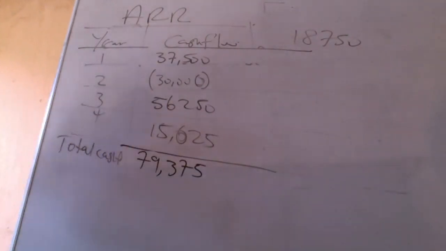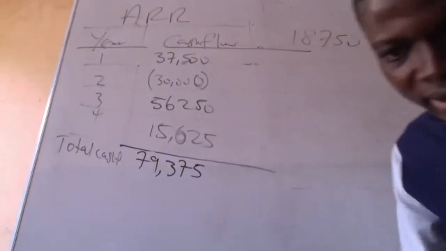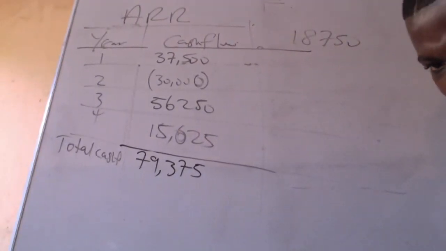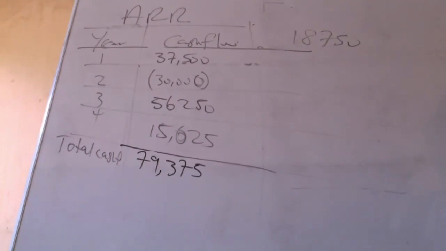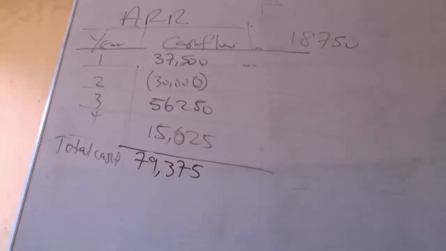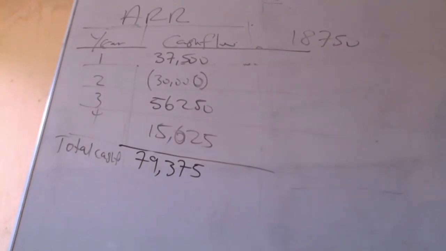Any answer is valid though. Someone had 87,500. I like that. Any other answer? Because if this one is the cash flow, you subtract depreciation, then you are done. Total depreciation 87,500. Let the answers flow. One of you will be the accounting calculator.